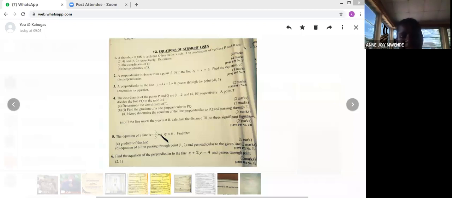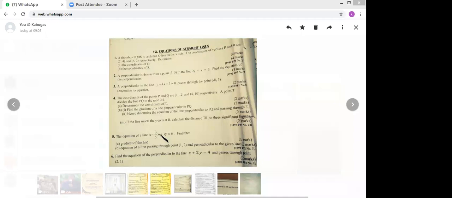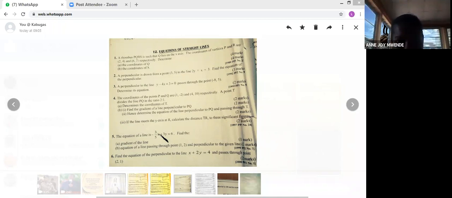If the line meets the y-axis at R, calculate the distance TR to 3 significant figures.